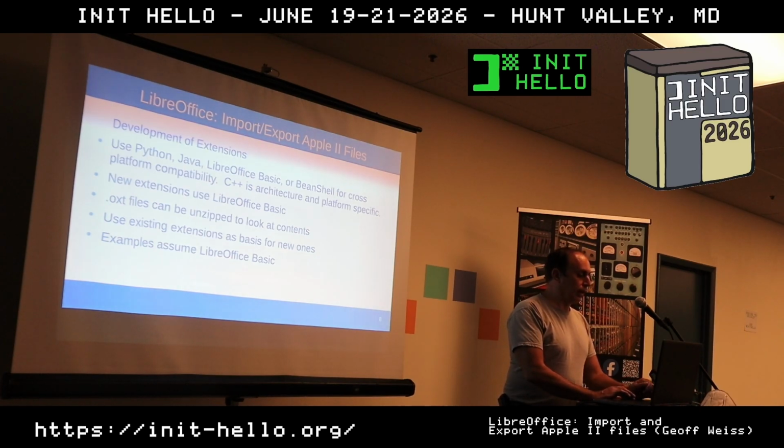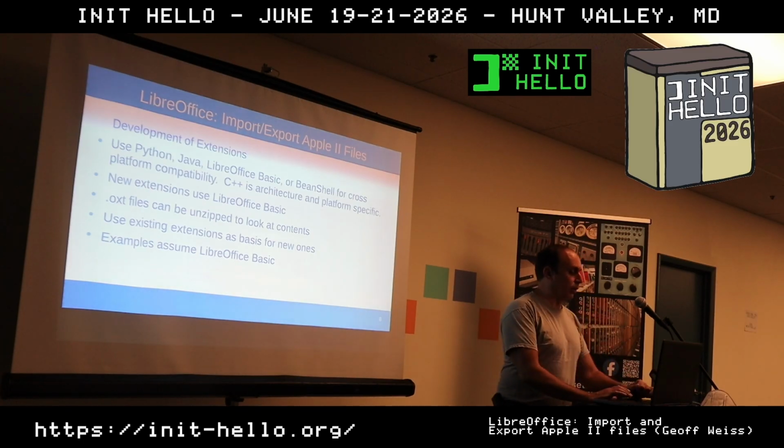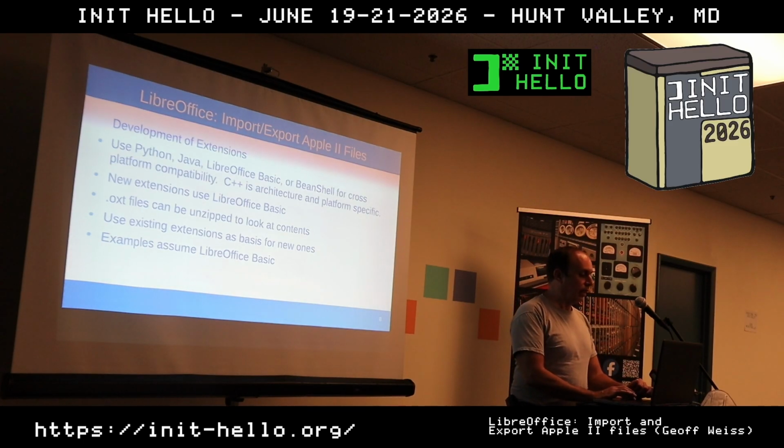All the extensions I wrote are in LibreOffice Basic. The .oxt file is just a regular zip file. If you want to unzip it, you can look at the contents. I have dialog boxes, LibreOffice Basic code in there, plus all the metadata to make LibreOffice accept it as an extension.